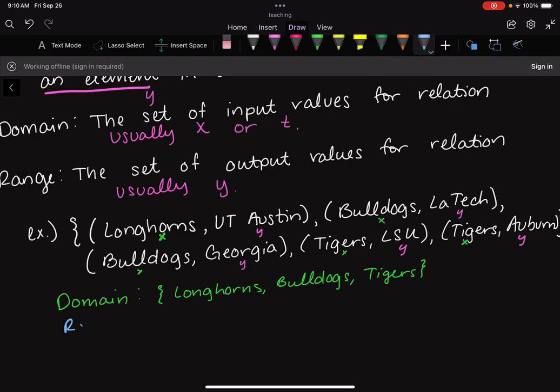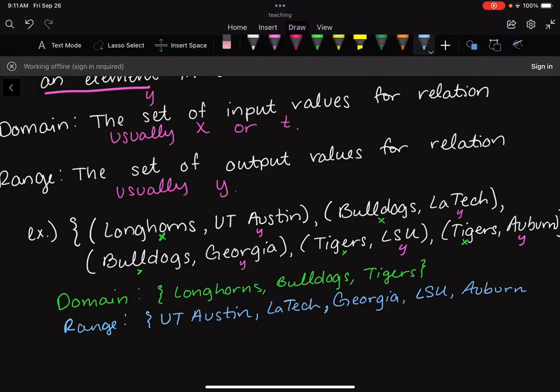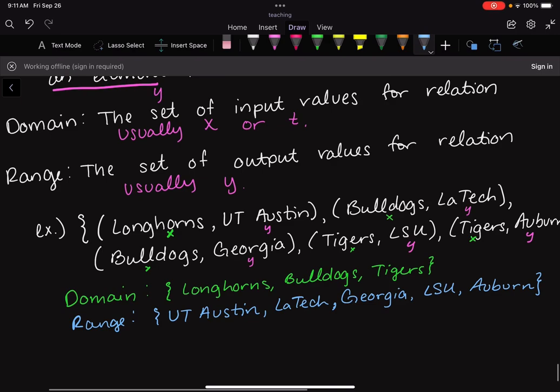If I ask for the range for this set, it'd be all the Y values. So you'd write all the Y values for me. And you'll notice that for the X values, I didn't repeat any. Like it's not like I wrote Bulldogs twice. I didn't have to write Tigers twice. So you don't ever have to like repeat.